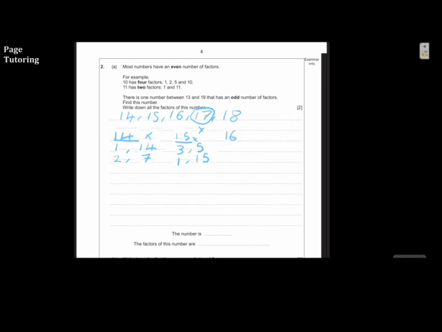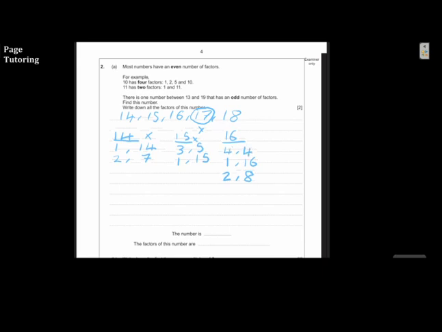We could do 16. So 1 and 16. 2 and 8. Apologies, of course, to get 16, you times 4 and 4.